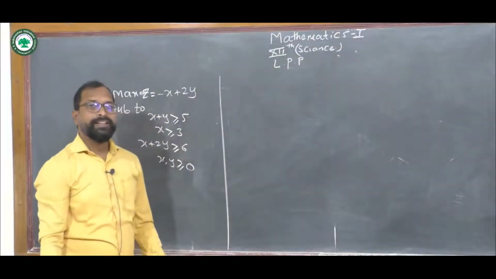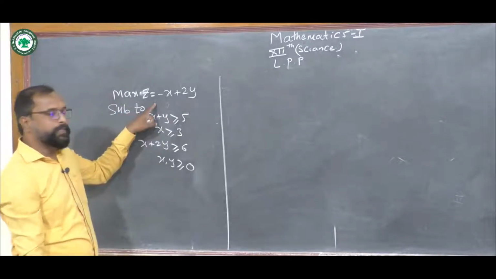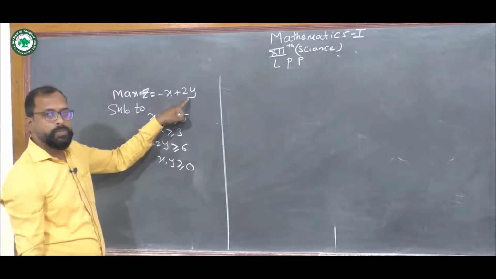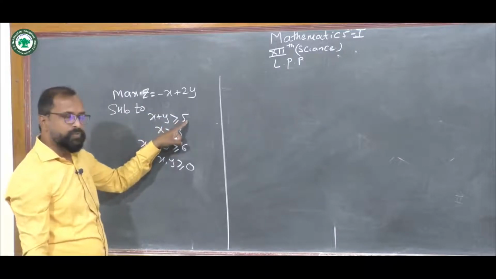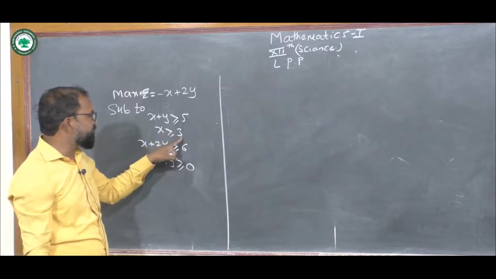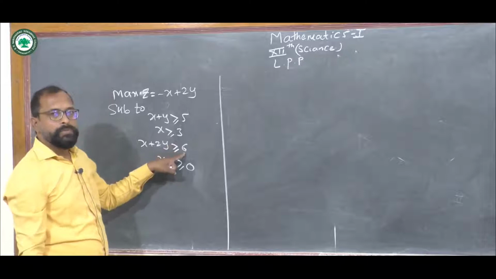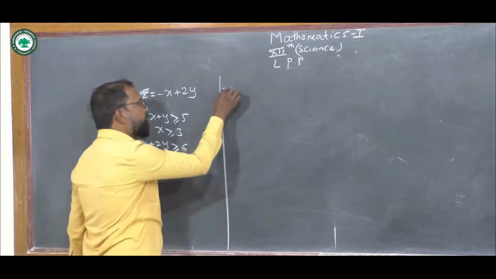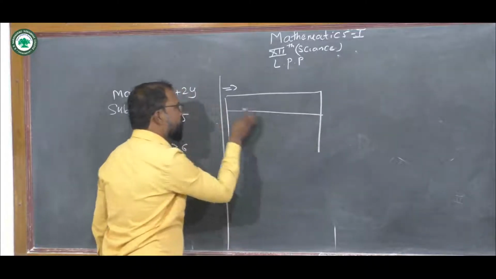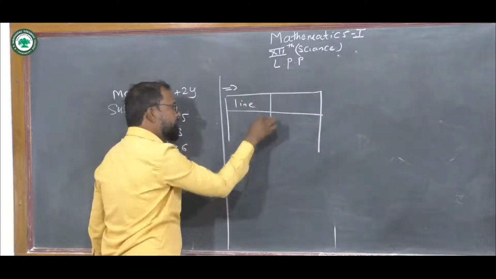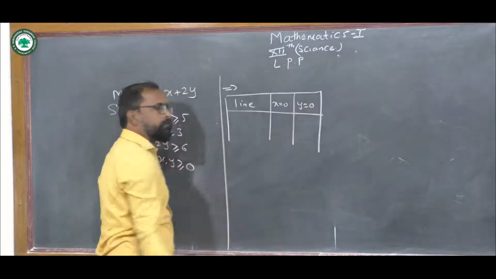Now, consider the second special condition. Consider the example max z equals to minus x plus 2y, subject to x plus y greater than or equals to 5, x greater than or equals to 3, and x plus 2y greater than or equals to 6. Now, again, to plot this graph, we make a table which shows the equation of line, x equals to 0, y equals to 0.